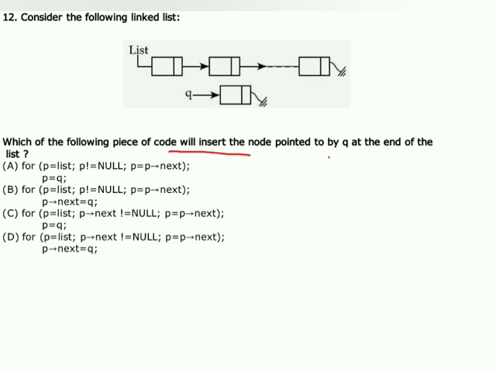That we have to find out here. First, the loop starts by setting P to the head of the list. For each iteration, P is equal to list. That means the loop starts by setting P to the head of the list.